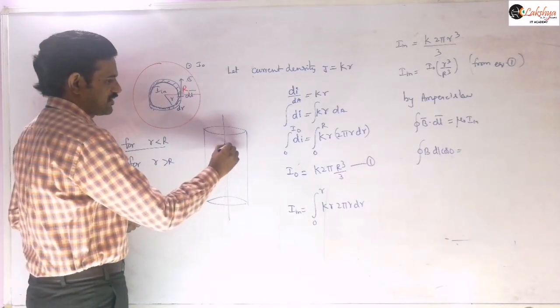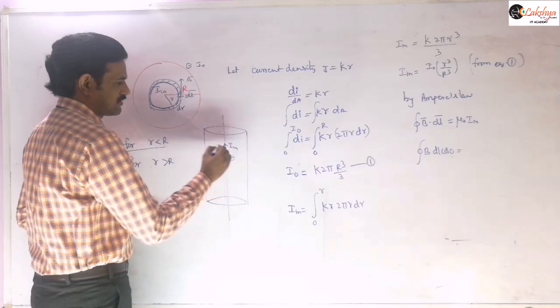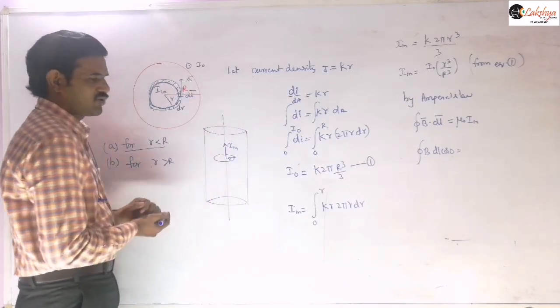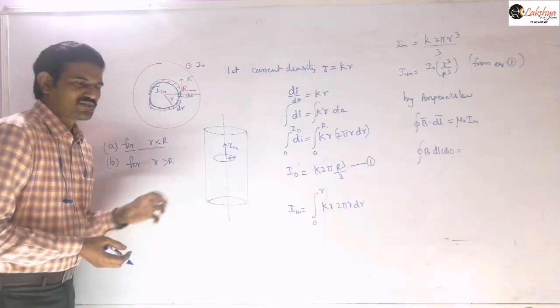This I_in is nothing but the value we are writing here. This is our r, the small element we are taking there. The actual diagram is like this; I am just showing the cross section.